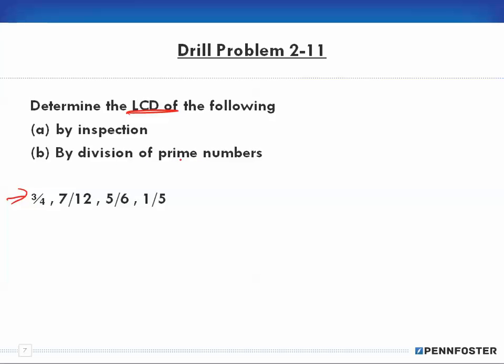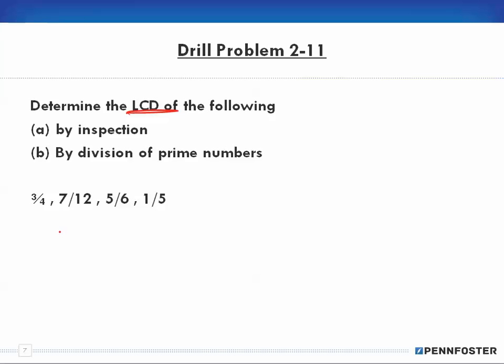Now, I do use prime numbers to help me, but I'm going to show you how I actually go about it, and then I'll also show you how to do the inspection and the division by prime numbers. But again, for all intents and purposes, when I'm doing other work, I don't use either of these, okay? But you do need to know them. It's presented in the book. That's material that you're responsible for, okay?